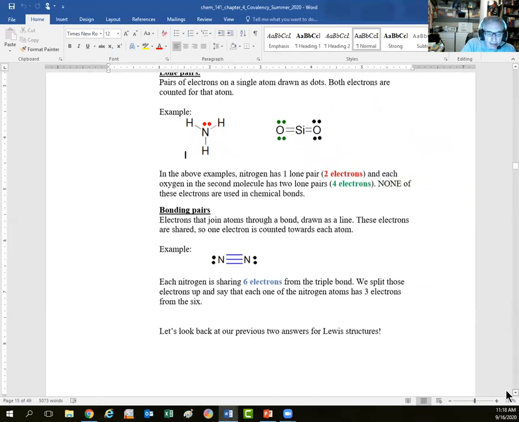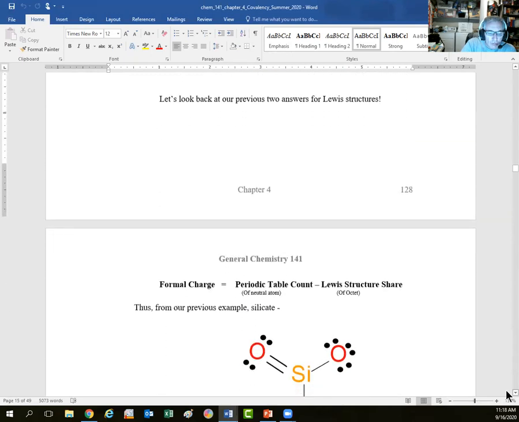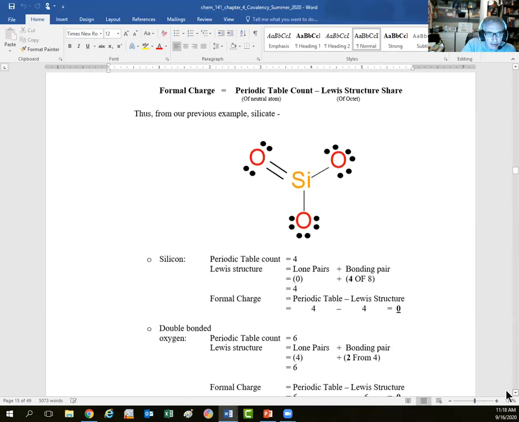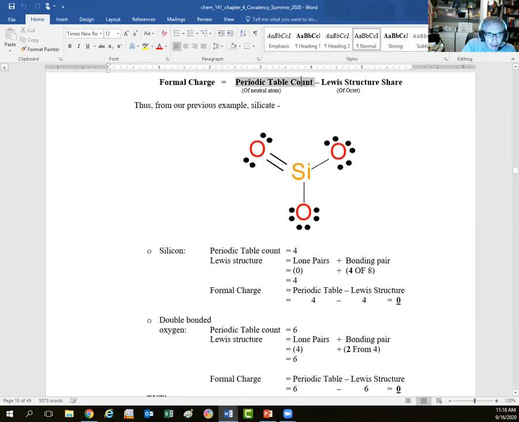The second half is, what does the periodic table tell us to expect for that atom? If we look at the examples here in silicate again, there's the periodic table count compared to the Lewis structure count, which we've just been doing.